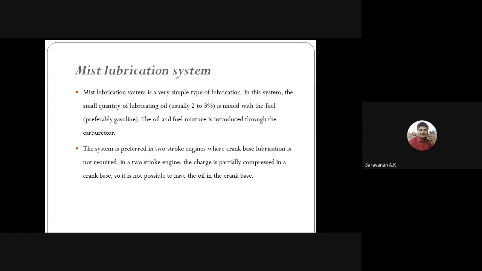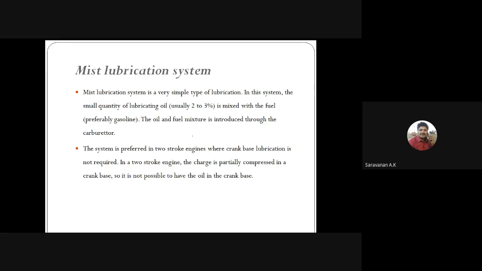The mist lubrication system is a very simple type of lubrication. We have to add a small quantity of lubricating oil, preferably in gasoline engines. A very minimum of lubricating oil will be mixed with the fuel, where the fuel, air, and lubricating oil are mixed together in the carburetor itself.